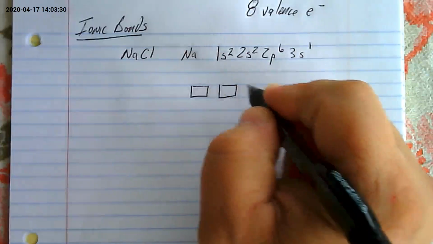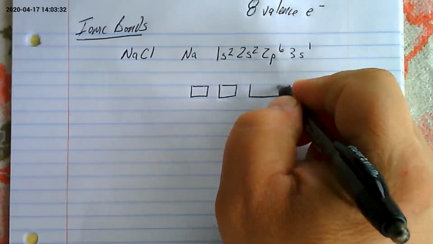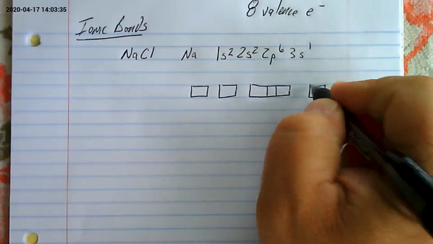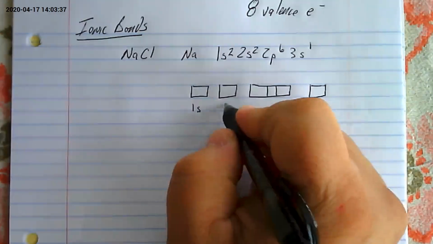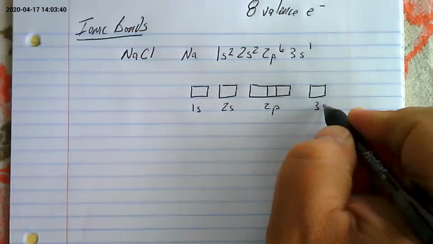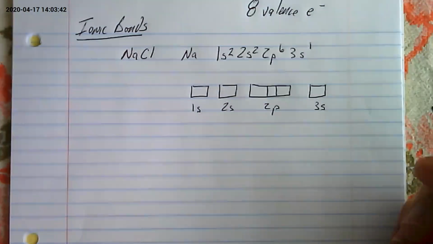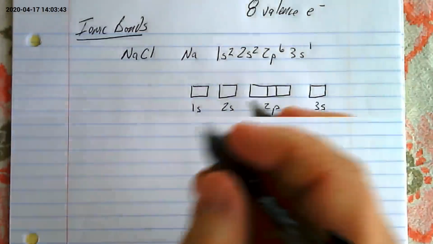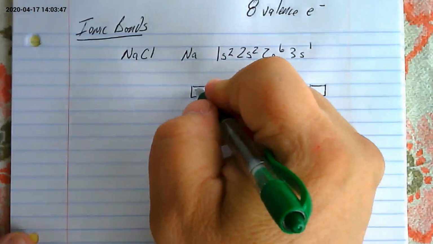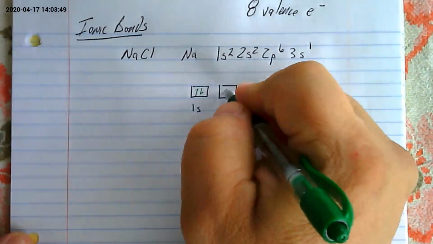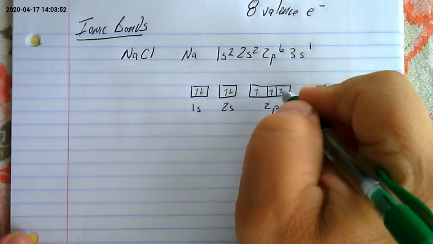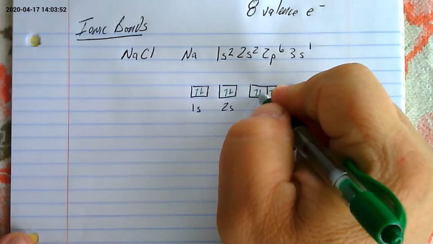So if we did the orbital notation, you would have something that looks like that.